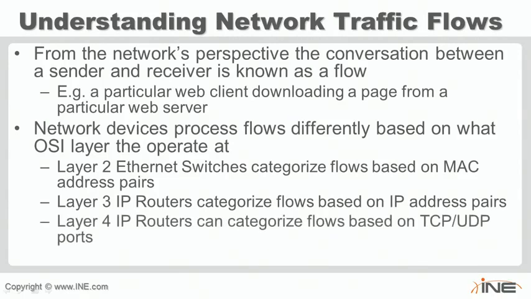And layer 4 devices could even categorize the flows based on the TCP or the UDP data. So different physical devices in the network, like a content switch, for example, would be able to say, I don't care about the layer 2, layer 3, or layer 4 header. I'm going to load balance my traffic between web servers based on maybe something that's going on at the application layer.